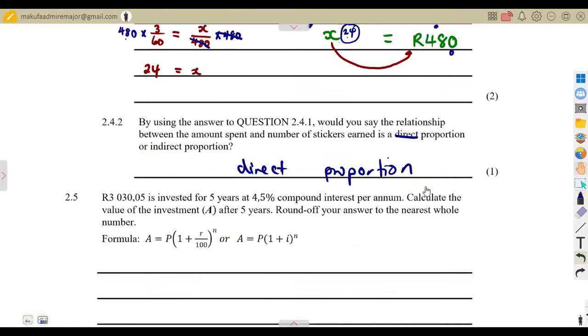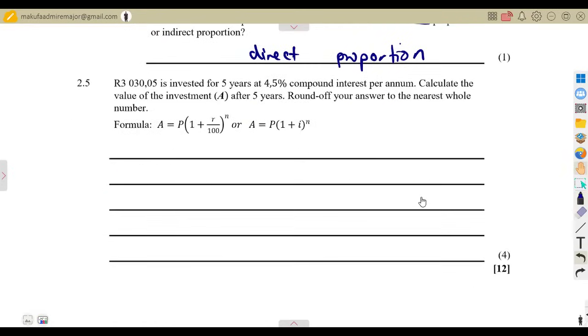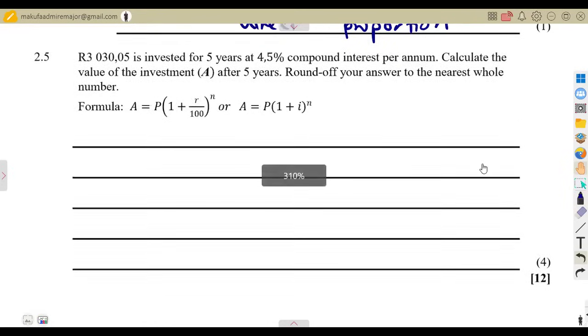Given this information on 2.5, we are given that 3,030.05 rand is invested for 5 years. So there is a certain amount of money which was invested, which is the principal amount, for 5 years, which is the time frame, at 4.5%, which is the interest rate, compound interest per annum.